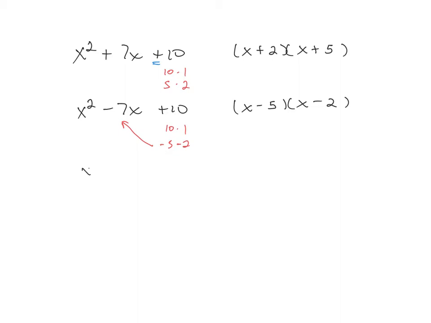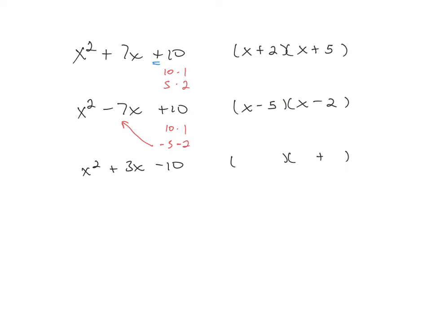Okay, so one of the other ones that I put in the last one was like this. So again, what are the signs? The last term's negative. Oh, that means I have a positive and a negative.